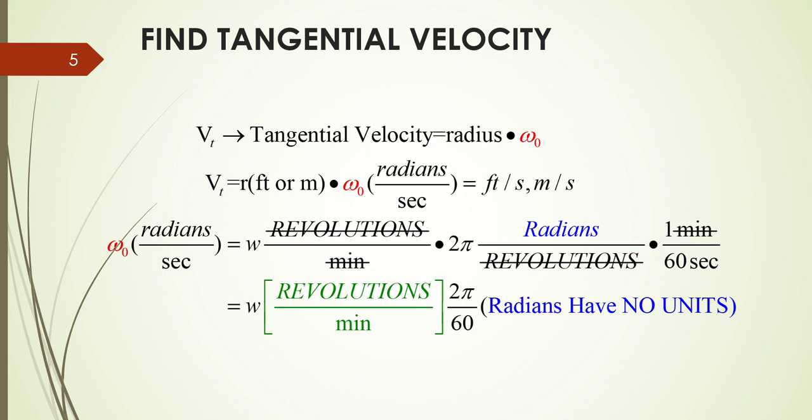So we also have to look at the definition of the angular velocity in terms of radians per second. Our value of angular velocity was actually given in the traditional units of RPM, which is revolutions per minute.